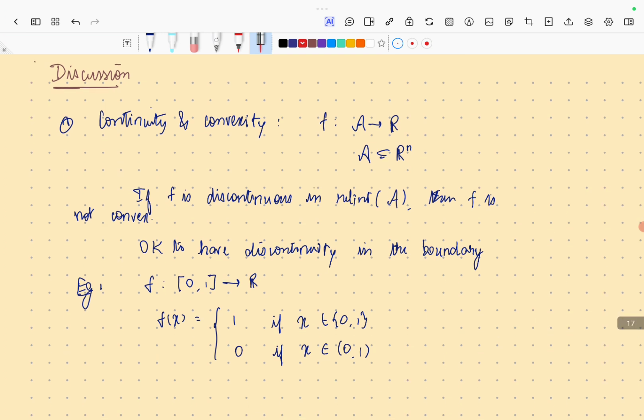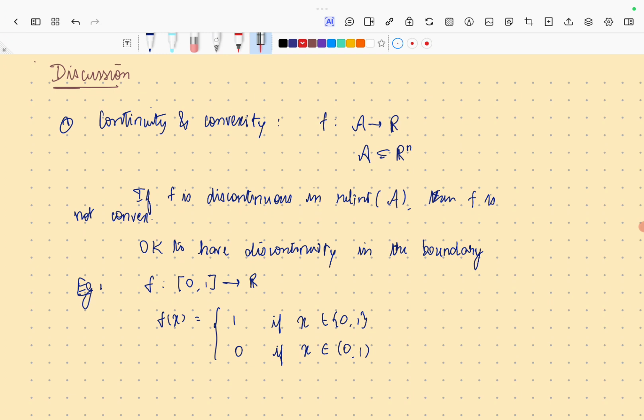So this was something that one of your friends raised, which is, I said that if a function is discontinuous, then it cannot be convex. All right. There's a minor thing to be careful about. So it's okay, you can have convex functions which are discontinuous at the boundary of the domain.